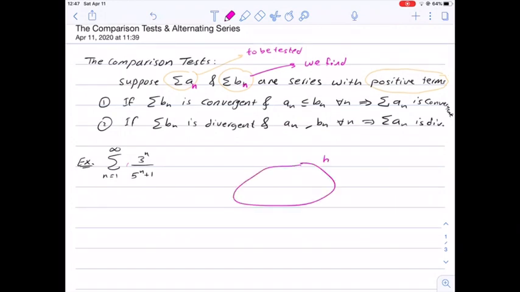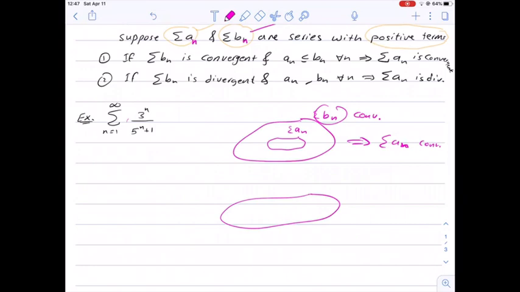Now we have two cases. If B sub n, the series that we find, is greater than A sub n, the series that we want to test, then if B sub n is convergent, the series that we want to study is convergent.